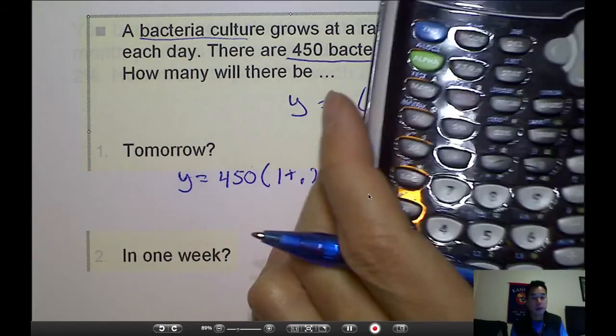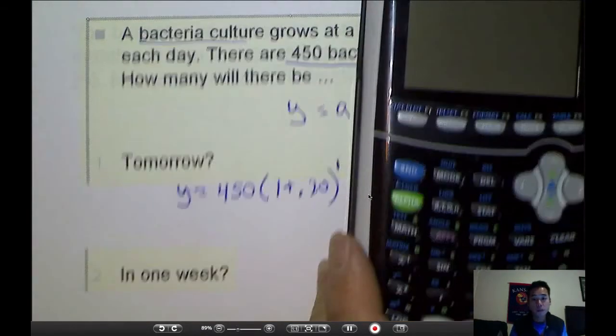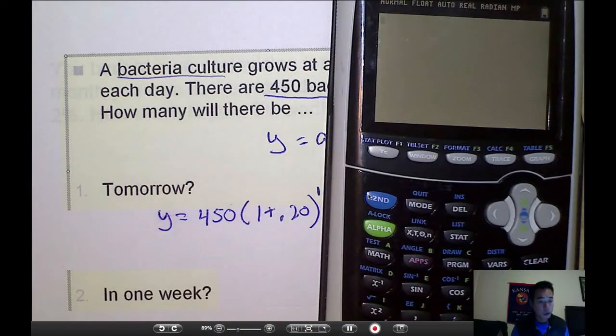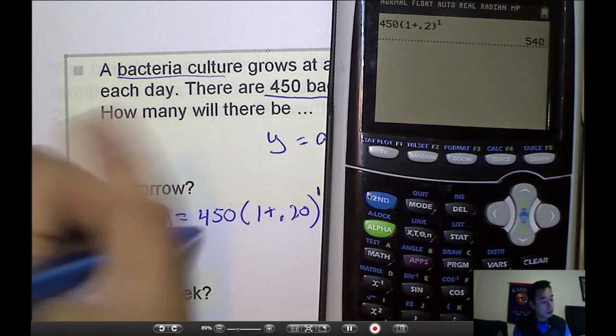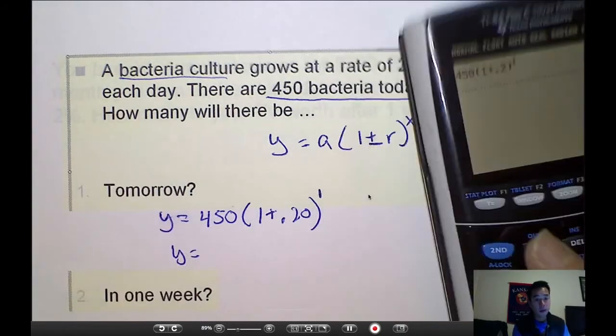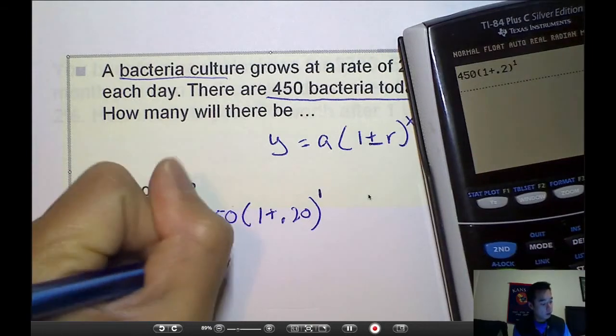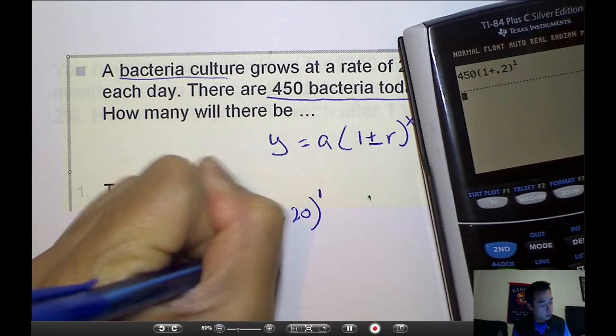This is when you would grab your calculator, and I would just go 450, open parentheses, 1 plus 0.2, to the power of 1 day, or 1 day has passed. So after 1 day, I would have 540 bacteria.